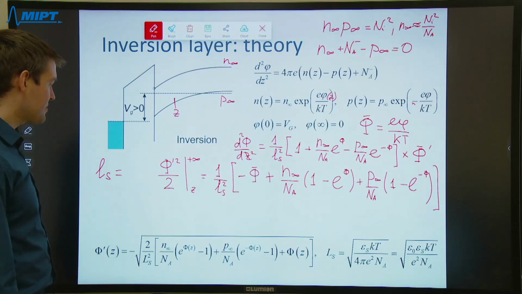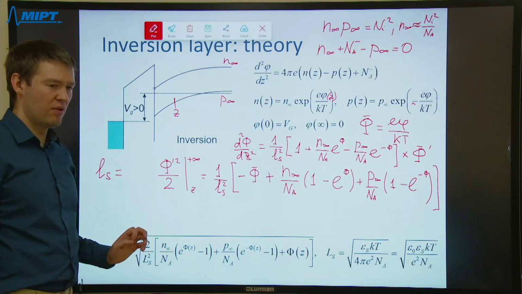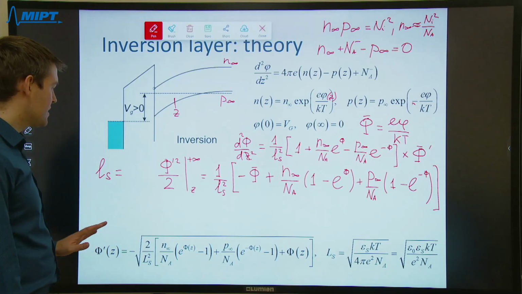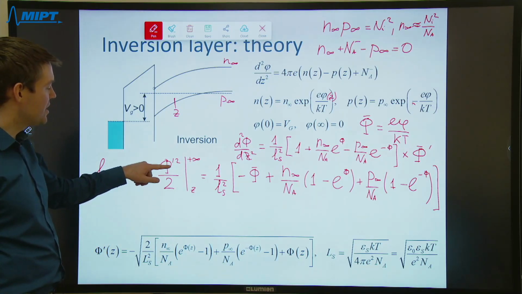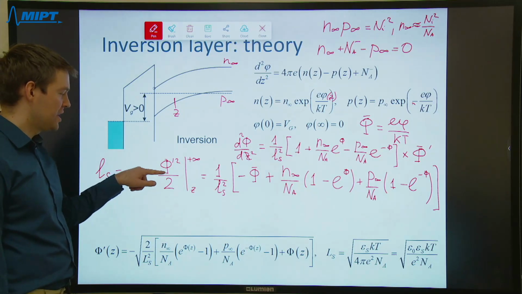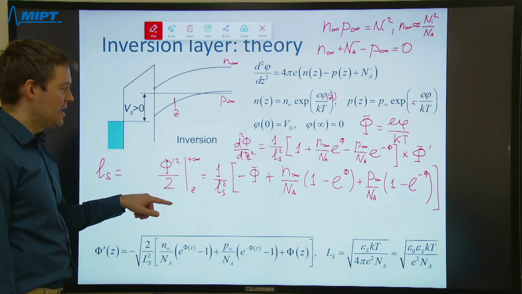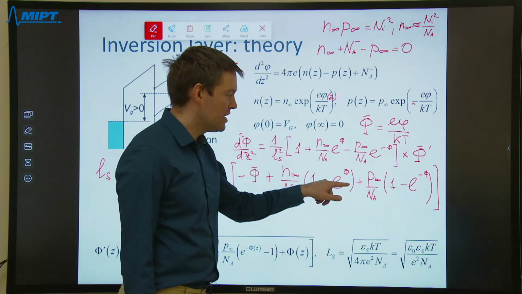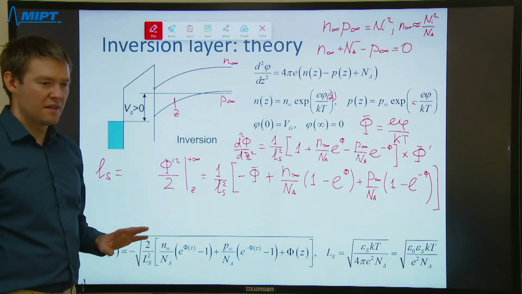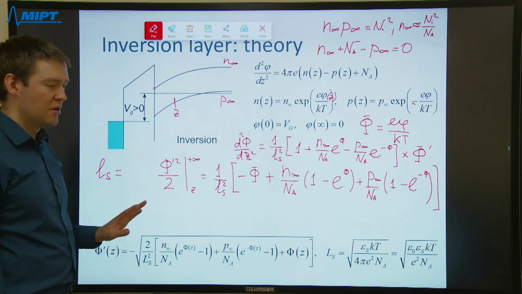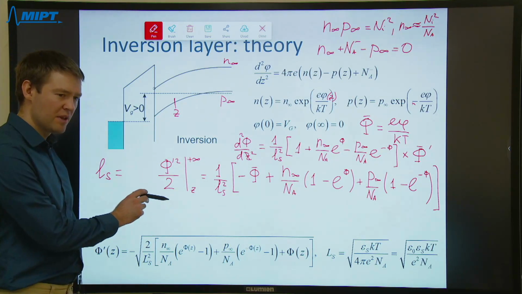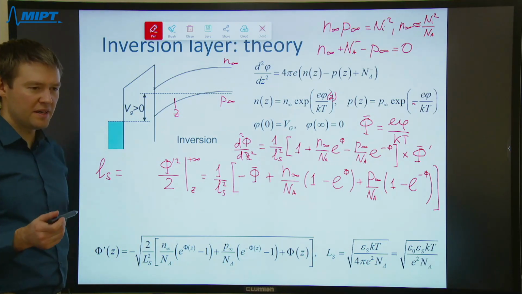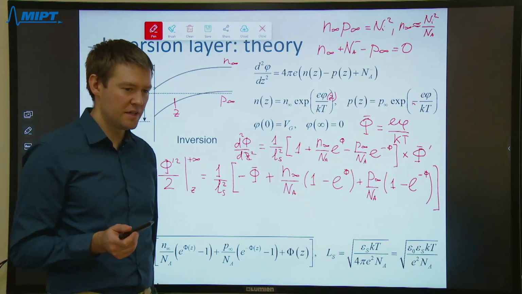And the last step upon solution is that we now know how the electric field, electric potential derivative, depends on potential itself. This is not yet a solution. We would need to integrate it once more in principle to get the full dependence of potential on coordinate.